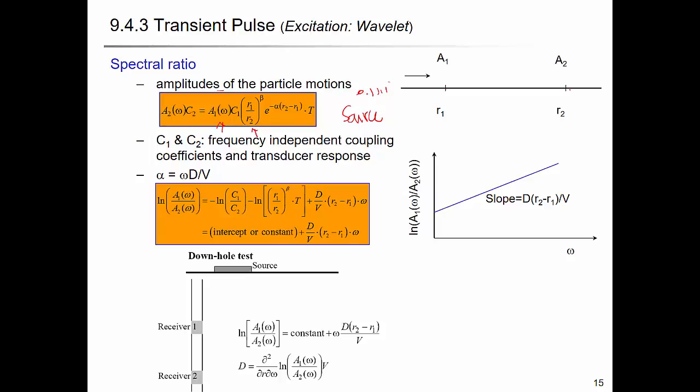The distance R1 over R2, and this is the material intrinsic property, and T is what? The transmittance coefficient, so that's for the scattering, and we are interested in this minus alpha, the alpha that indicates material damping. So if you divide A1 over A2 in the logarithmic scale, you have this equation.